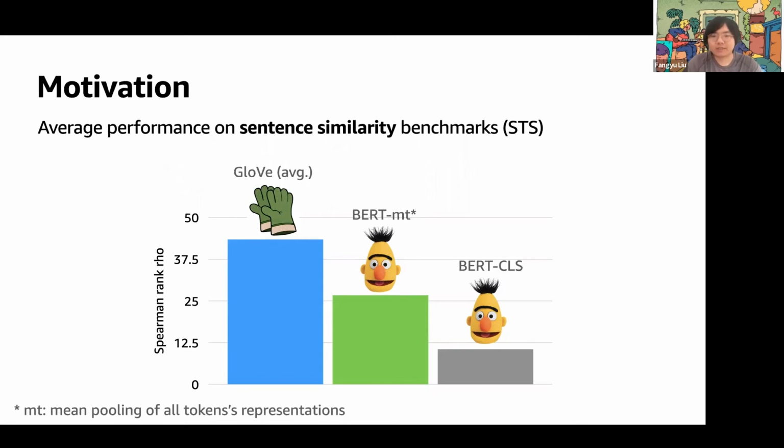I tried two types of feature extraction from BERT here. One called BERT-MT, which is mean pooling all the token representations of the last layer, or we take the CLS token, which is the first token of BERT's last layer. And both of them perform quite miserably.